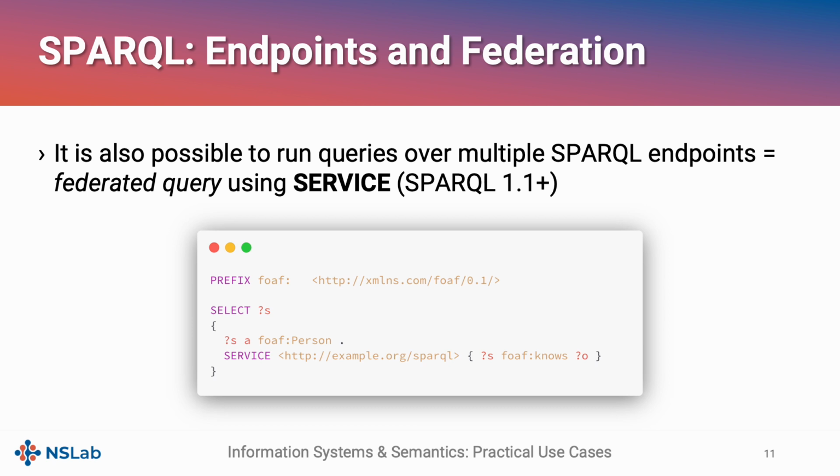So you basically run a query to multiple SPARQL endpoints at the same time and then get some aggregated result. So for example, in this case, we are looking for some person, and then in the other service, we are looking for objects or other people who that person knows. So you can compose queries like that, basically using datasets stored in different locations, in different servers, in different services.